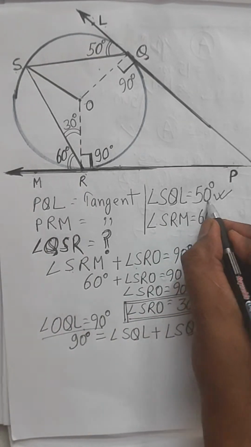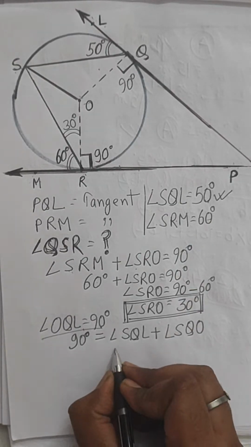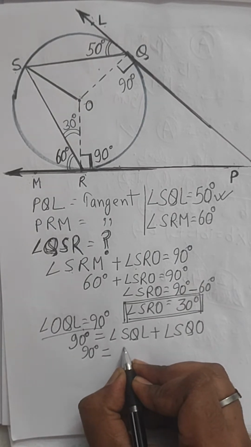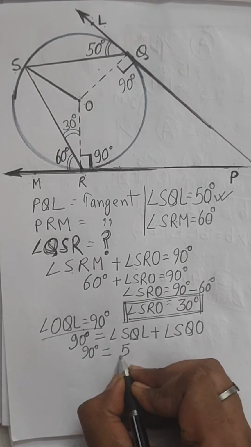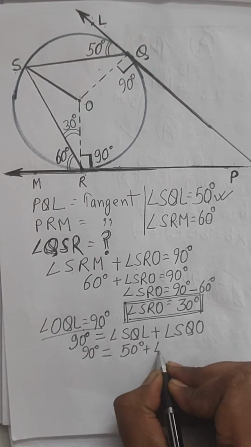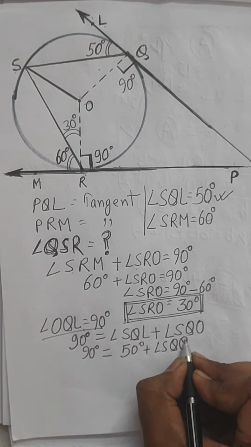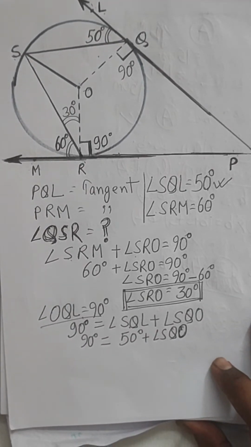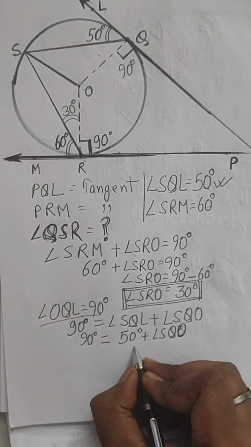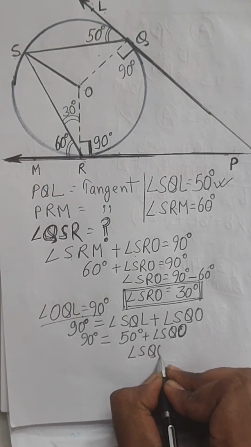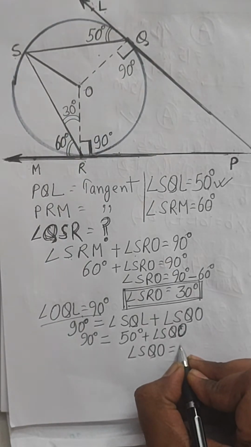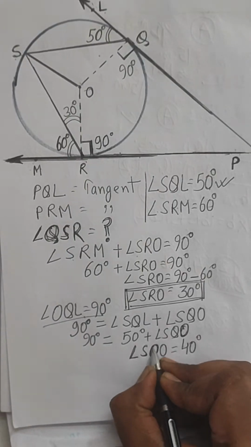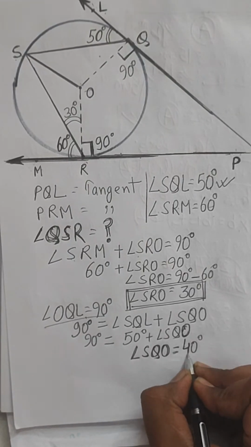Since SQL is 50 degrees, putting in this value, we have 90 degrees equal to 50 degrees plus angle SQO. So this gives the value of angle SQO as 90 minus 50, which is equal to 40 degrees. Angle SQO is calculated as 40 degrees.